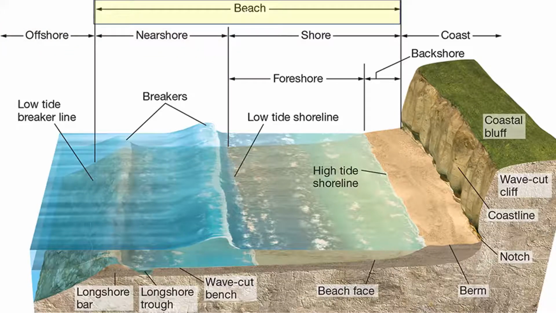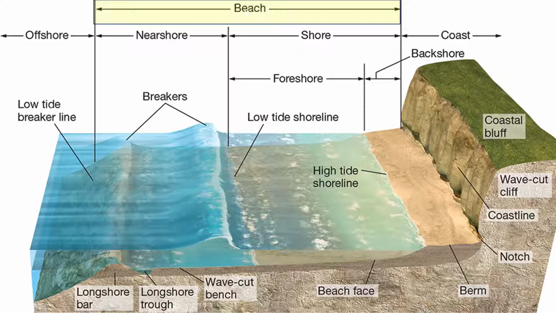The beach includes the near shore and the shore and is the entire active area of the coastline that is affected by waves. It extends from the low tide breaker line all the way to the berm.